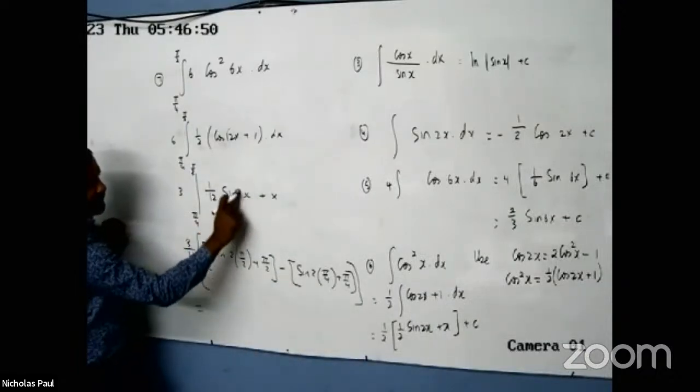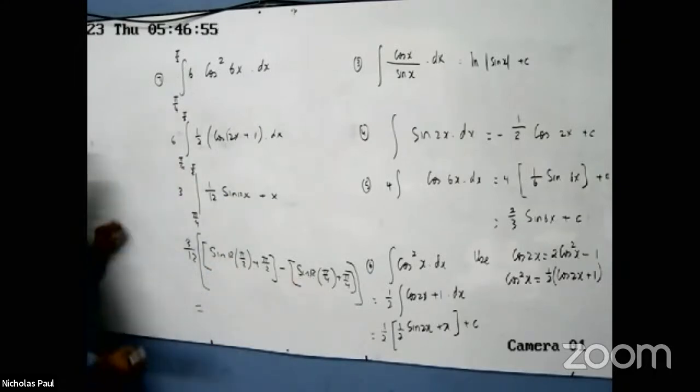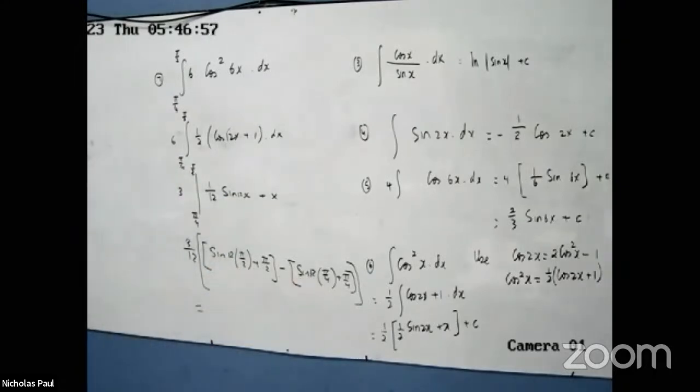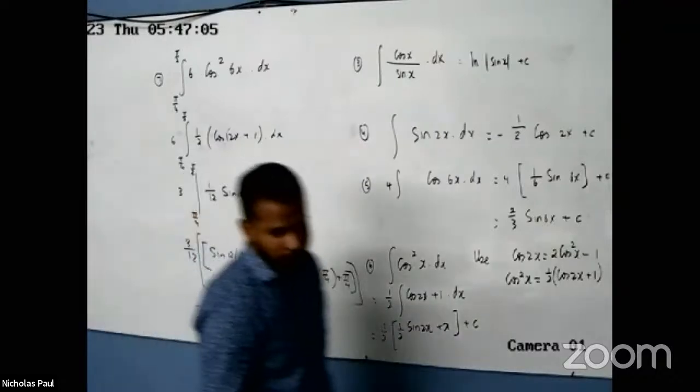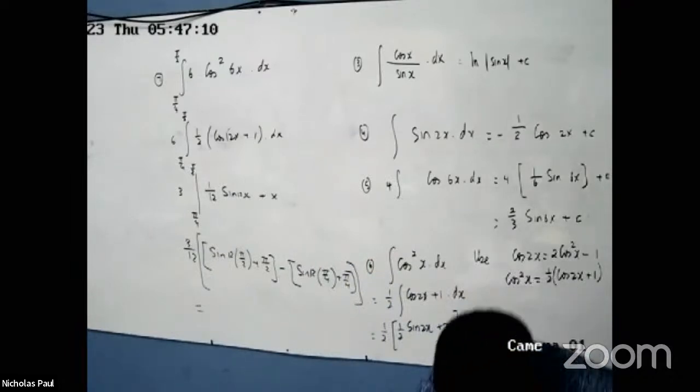Oh, sure. This should be 12. That should be 12. I'm going to write 12. Plug it in, see what you get. Somebody has 3 pi on 2. So could you go over it again?